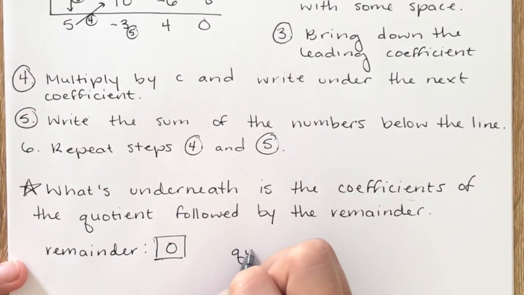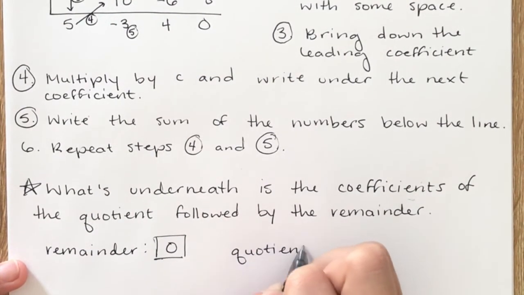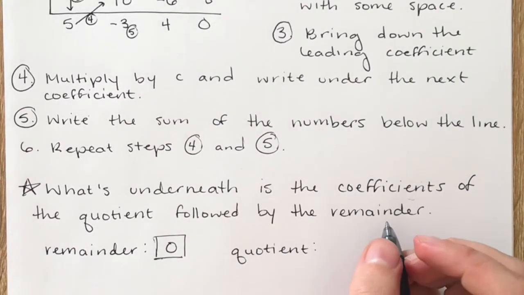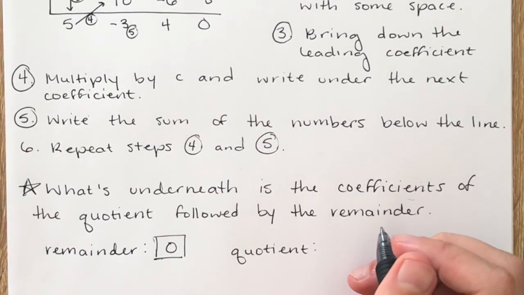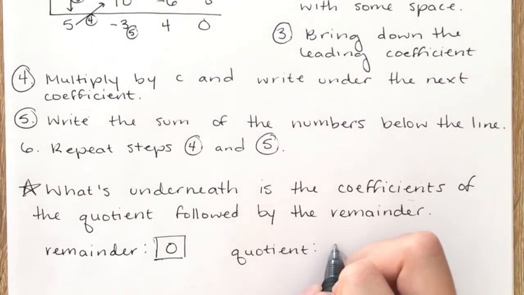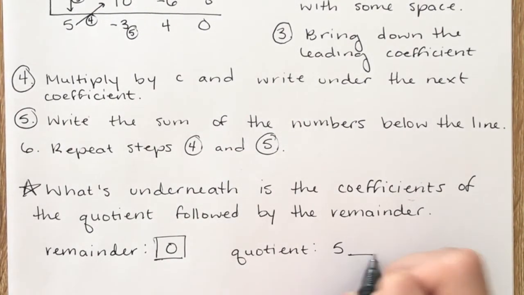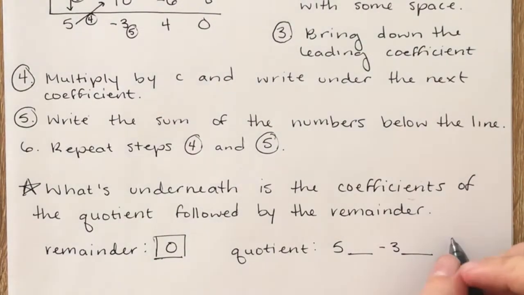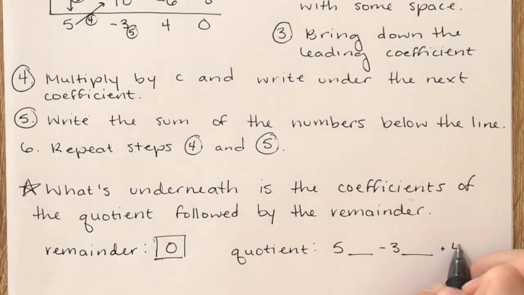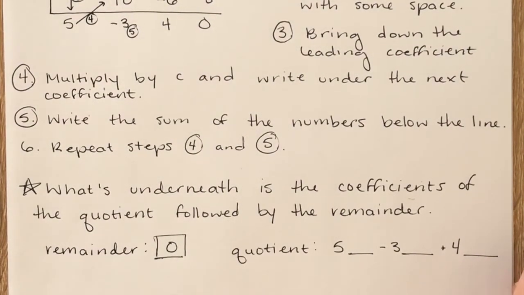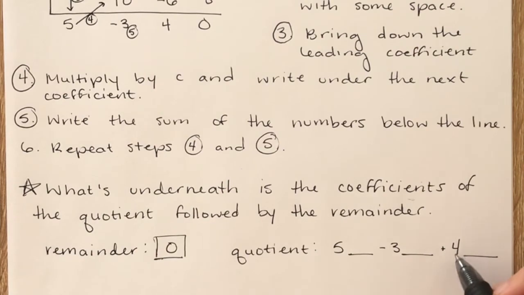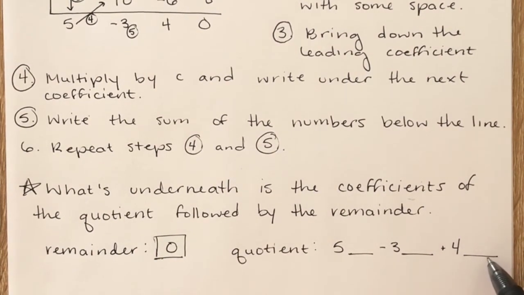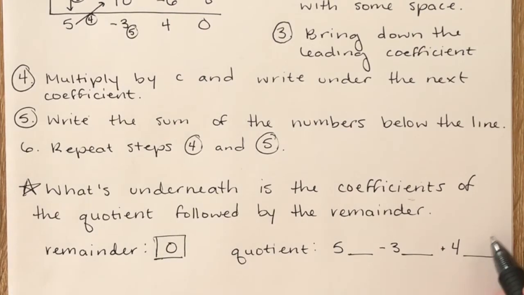And our quotient is, well, we've got a bunch of numbers. How do we turn them into a function? Well, we've got 5, and then it'll have something, and then negative 3, and then something, and then plus 4. So we can work backwards here. Our last term is our constant term, so it won't have any x's attached to it.